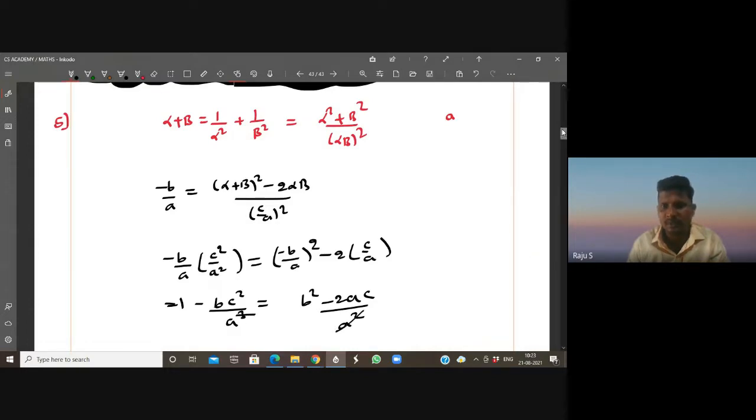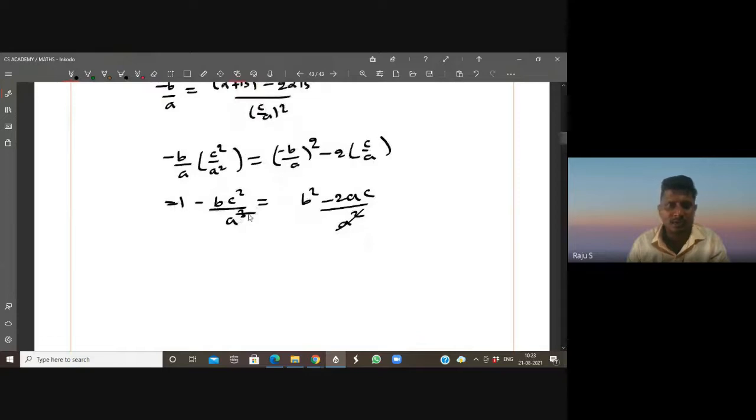Am I right, students? Then you can simplify, right? Simplify. This a you can cross multiply, so bc square minus bc square is equal to ab square minus 2a square c. Taking 2a square c to the left side, 2a square c is equal to ab square plus bc square.